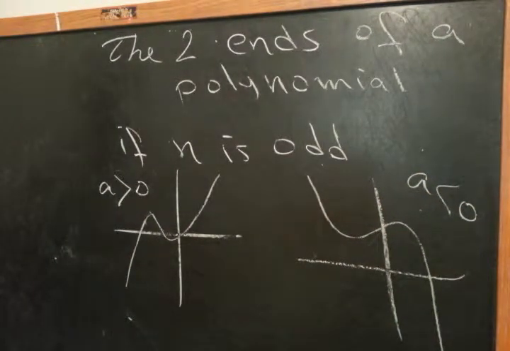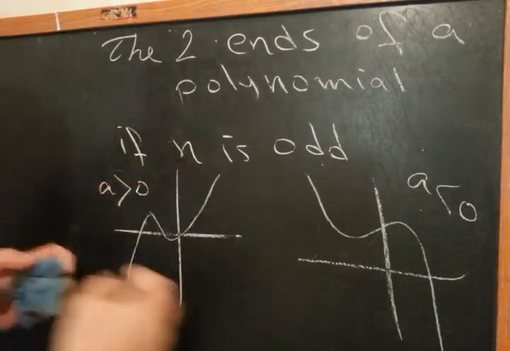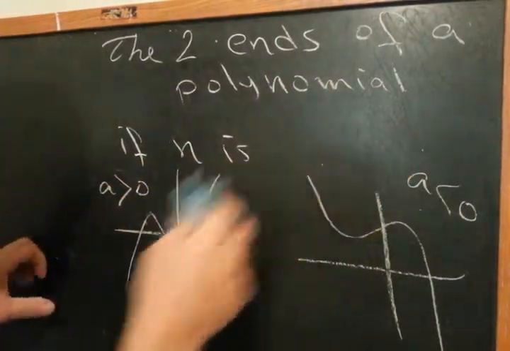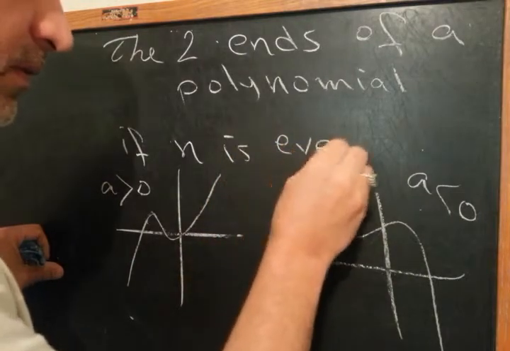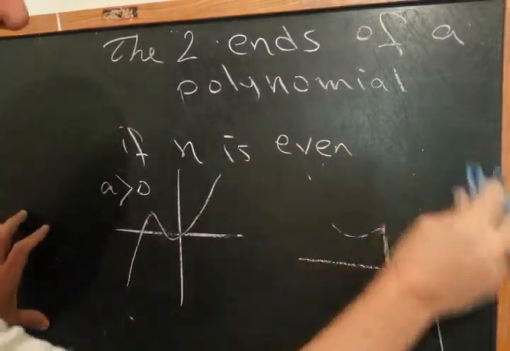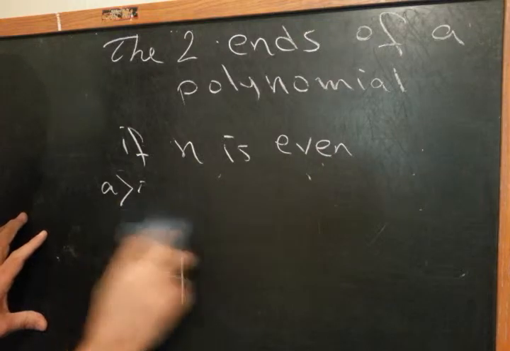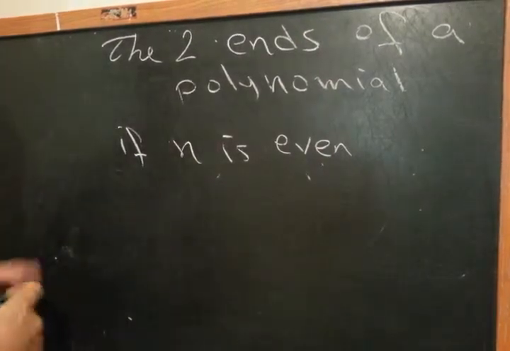Simple. The other two cases: if n is even, then we have another two cases and that's it.